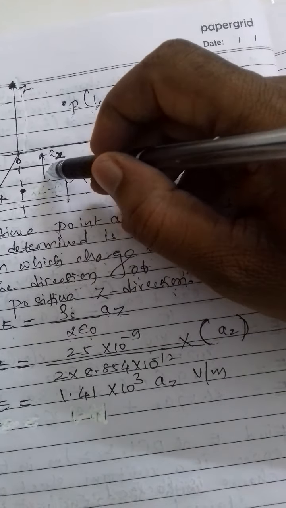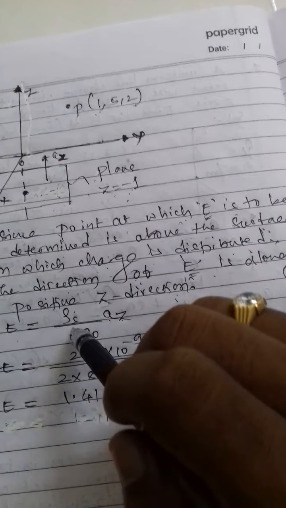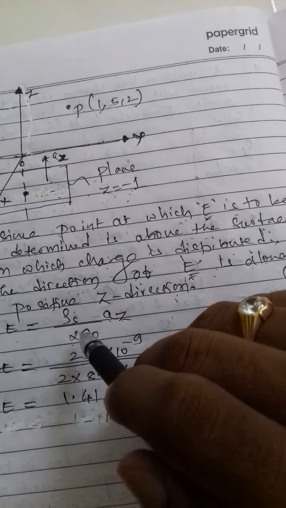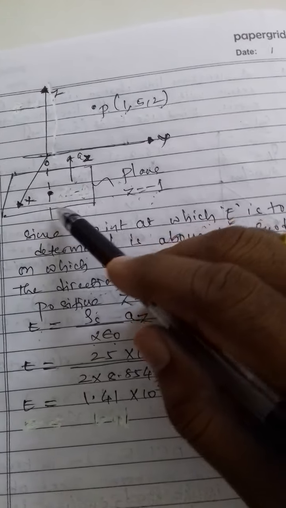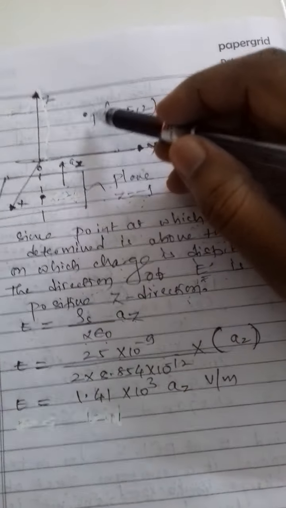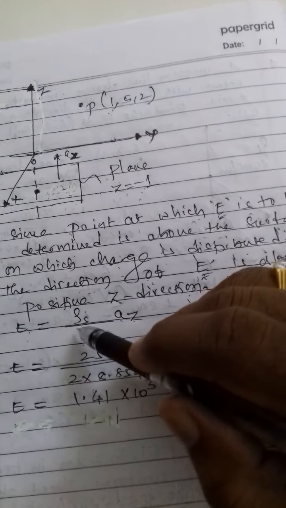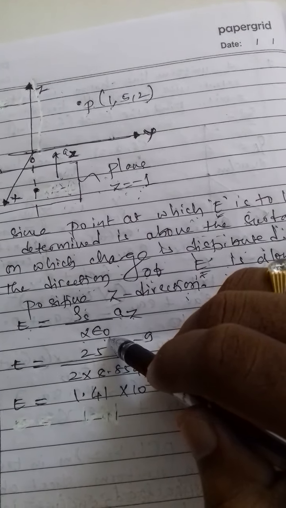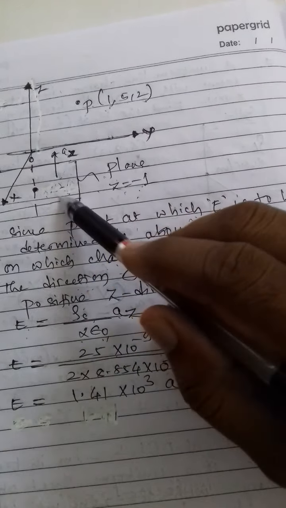In problems associated with surface charge distributions, the electric field intensity is totally independent of the distance, because the electric field intensity at a point due to a surface charge distribution is totally independent of the distance of that point P from the surface. It just depends upon the medium in which the charges are distributed on the surface, and upon the magnitude of the surface charge density.